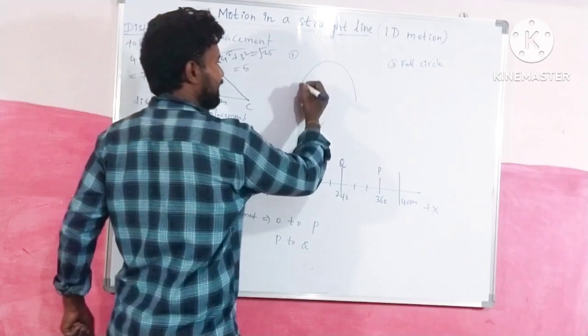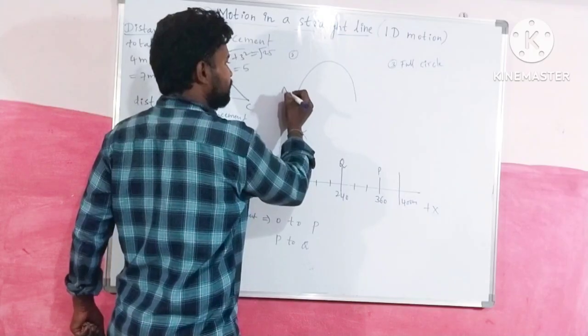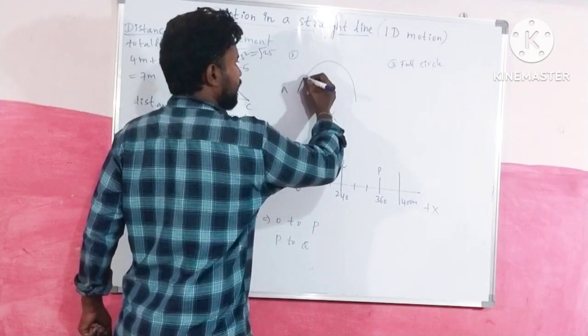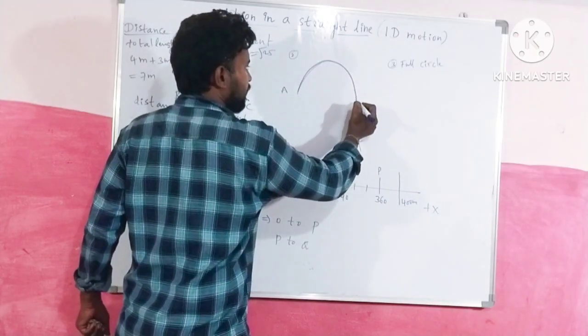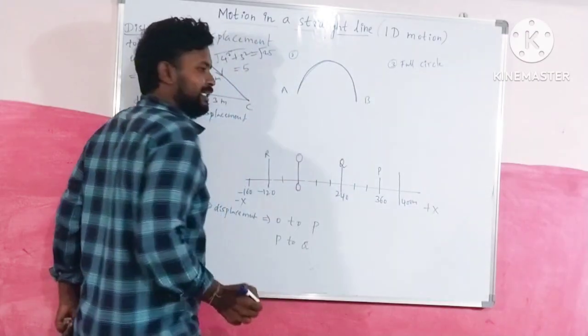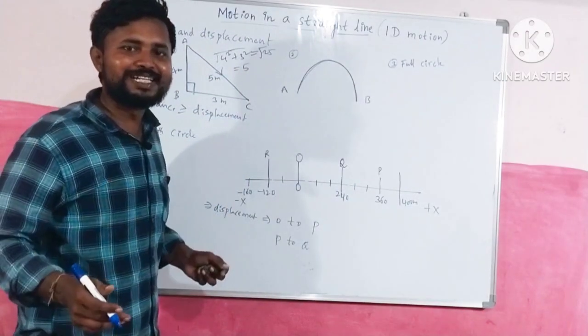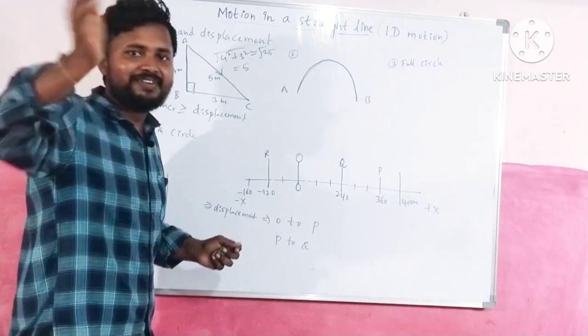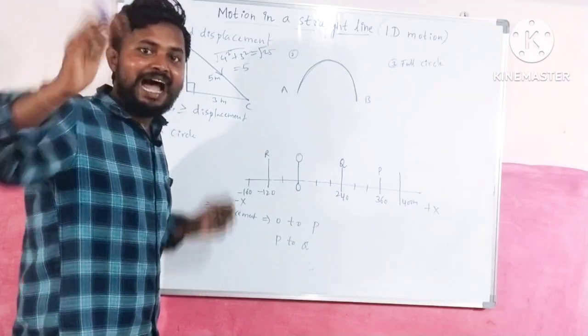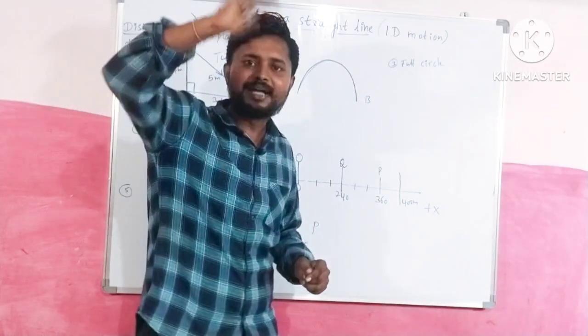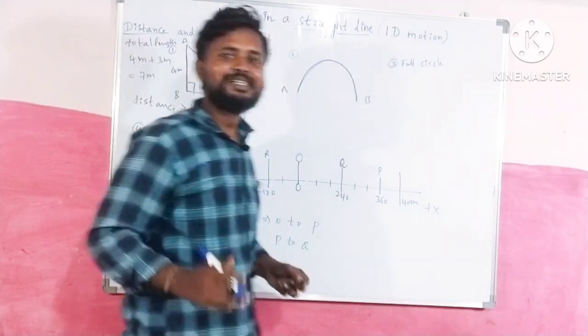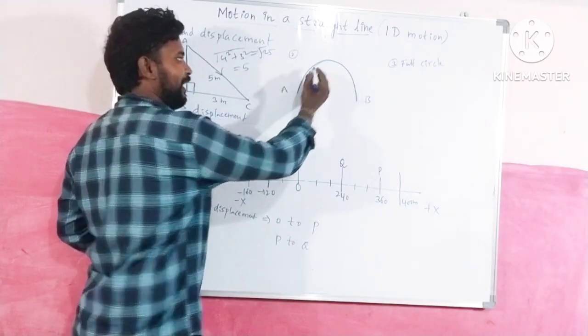Look at this case, a body is moving from A to B. The body completes a half circle, half revolution. What is the distance?